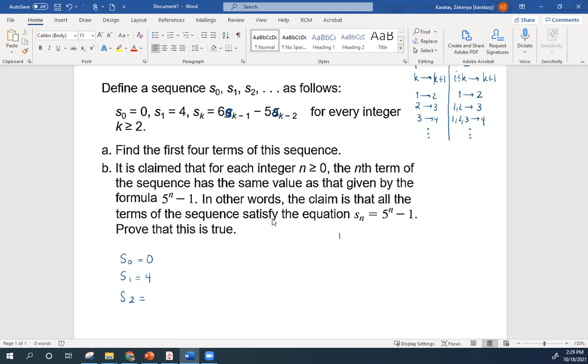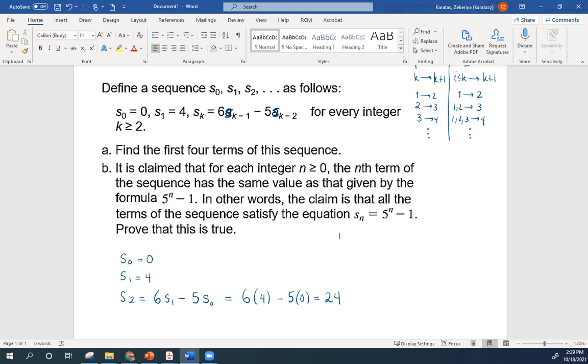So for S2, you do 6 times S1 minus 5 times S0. That's 6 times 4 minus 5 times 0, so that's going to be 24. That's how you find S2.